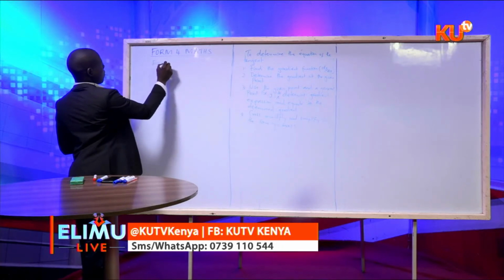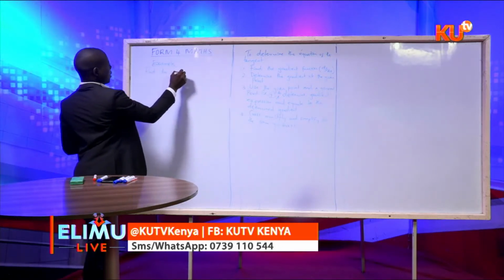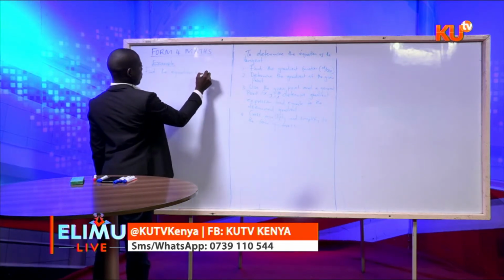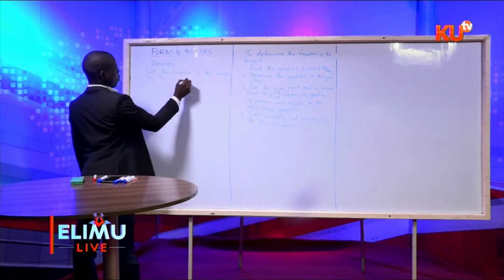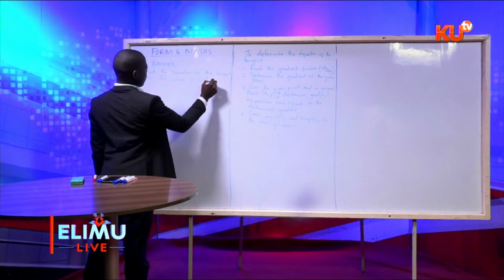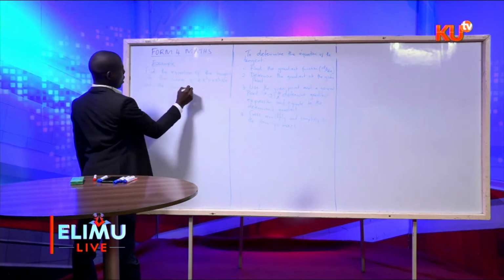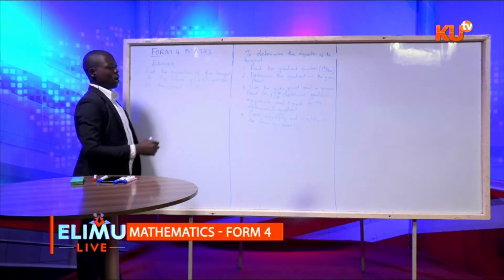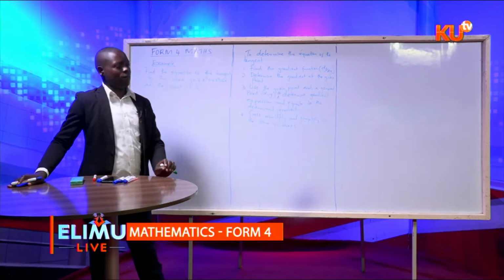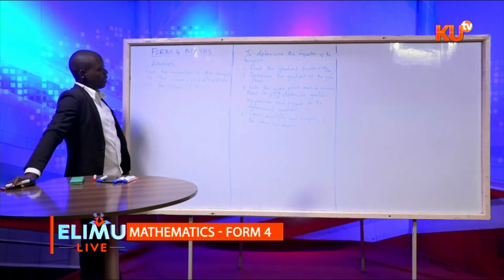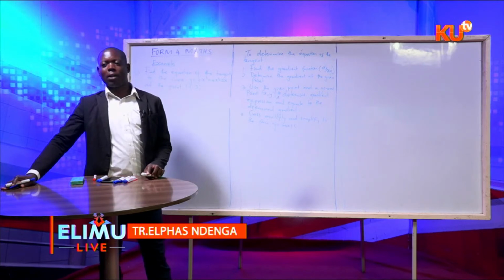Our example: find the equation of the tangent to the curve y is equal to 2x cubed plus 4x squared minus 5x at the point 1, 3. At the point 1, 3.